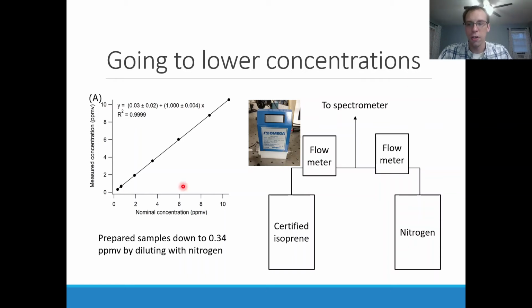And so we see very good agreement between what the concentration is based on our flow meter measurements compared to what we retrieve from our spectrum. And so we see a very linear behavior, a slope of essentially 1, and y-intercept essentially 0, which is what we would like to see, what we would expect. So this is showing good results for our spectrometer.